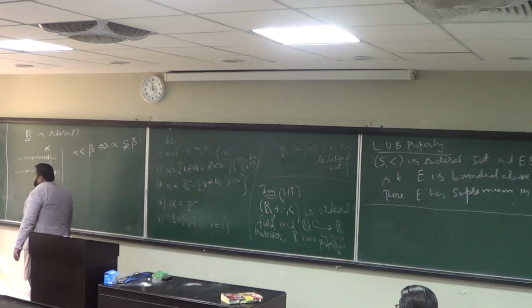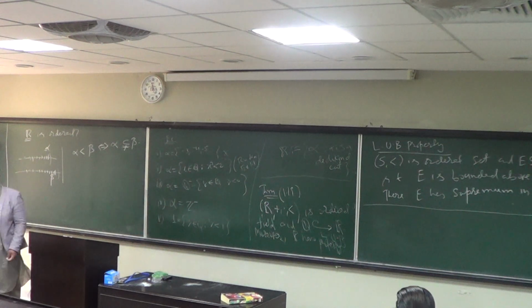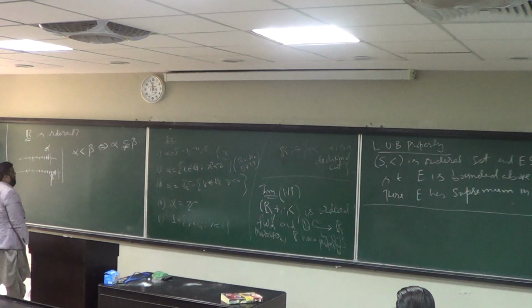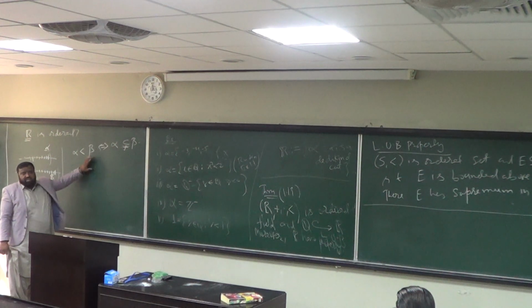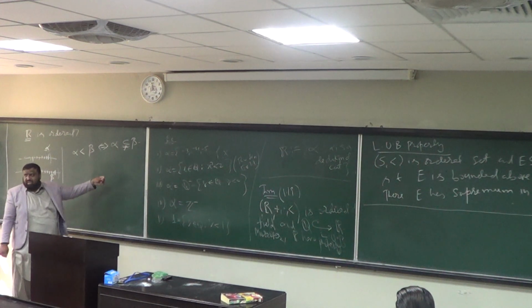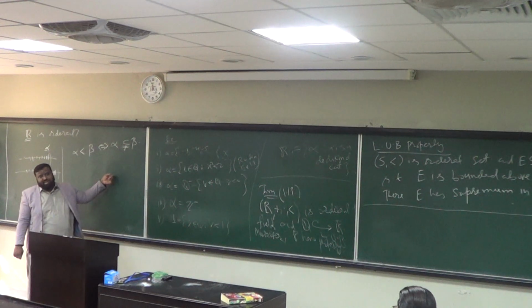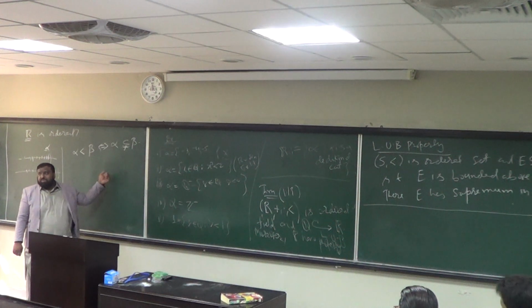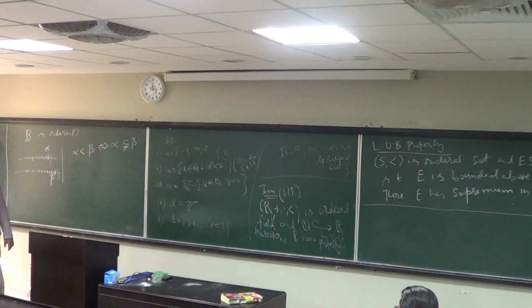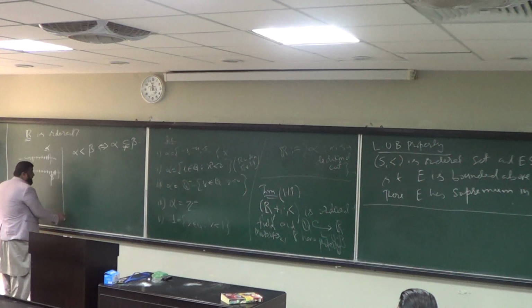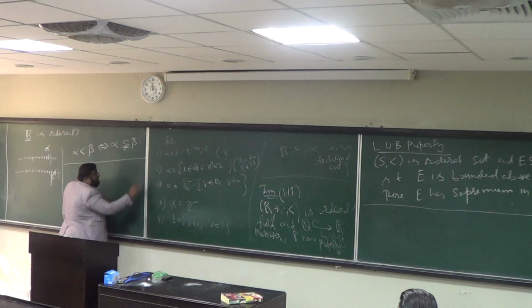In other words, there must be some element in beta which is not there in alpha. And then the transitivity is very much obvious, because containment is transitive. If alpha is a subset of beta, and beta is a subset of gamma, then alpha must be a subset of gamma. And we also saw why the trichotomy law should be true. I'm not getting into that again.